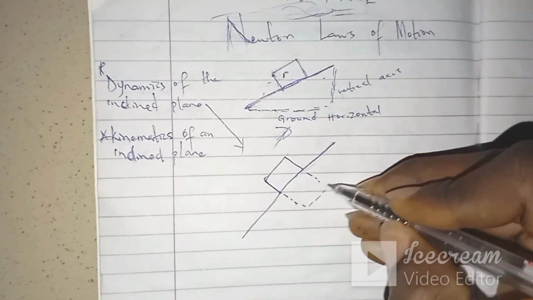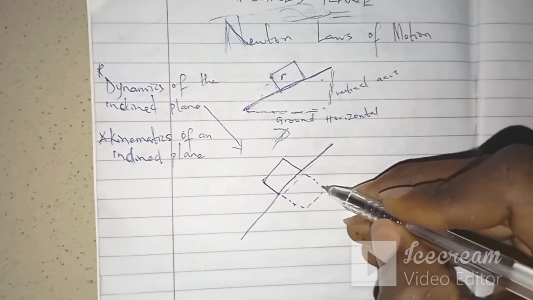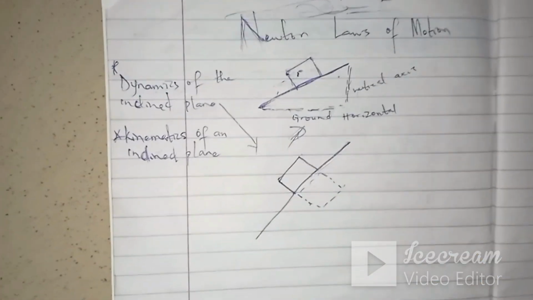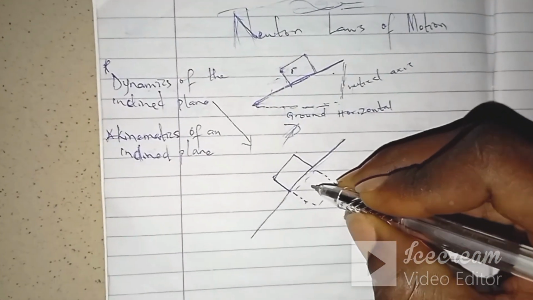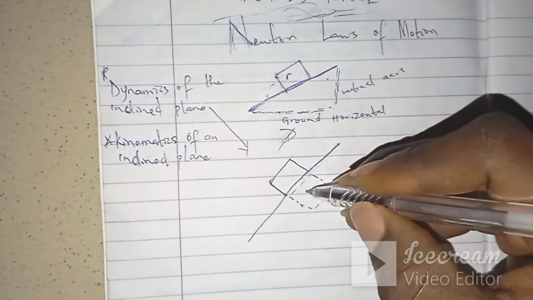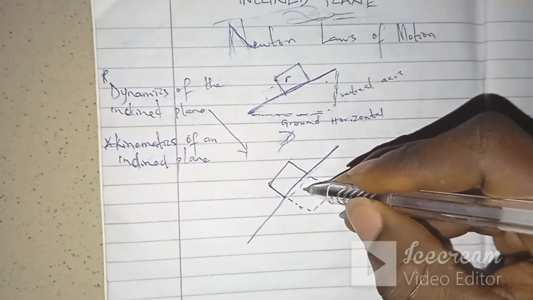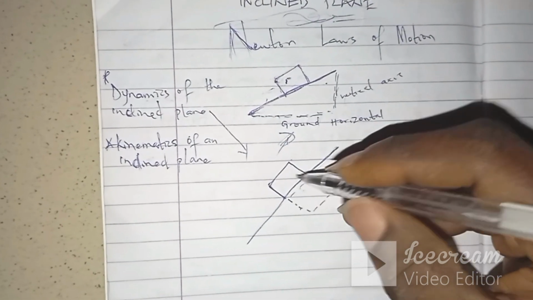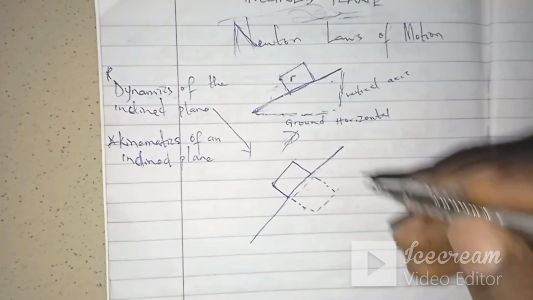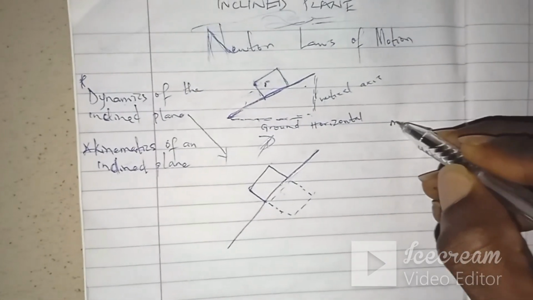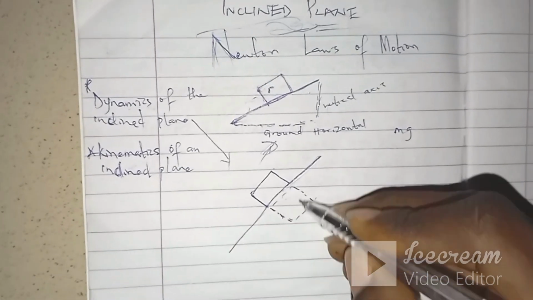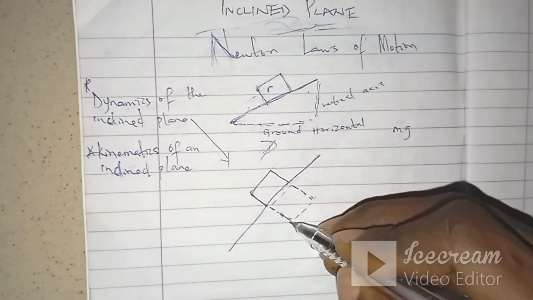There's the box itself, the weight. The impact on the object is being felt downwards. And we know that weight as a quantity in physics is given by mg. So let's say this is the force acting this way, the weight of this object.